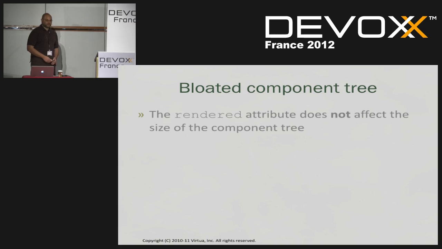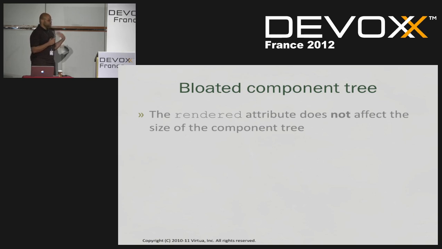So this is something important, hence the blinking effect. All right, so the rendered attribute does not affect the size of the component tree. All right, so every JSF component has the rendered attribute, right? And the rendered attribute means just that. Is it rendered? It does not mean that the component tree is smaller if it's not rendered. But it does mean that it won't be sent to the browser, right?